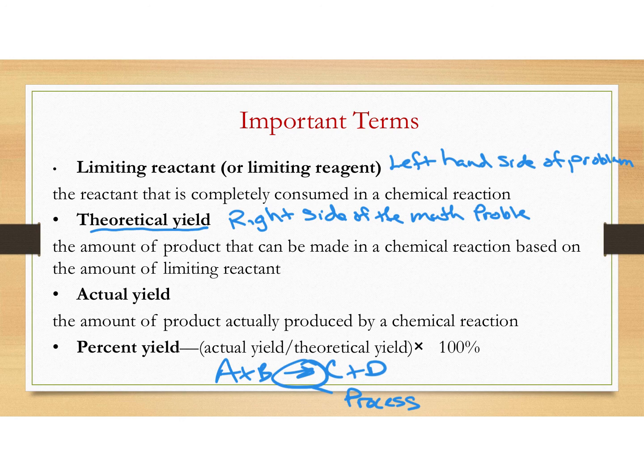Okay, so when we're looking at these chemical reactions, we're going to ask ourselves, what is the percent yield? Okay, and the higher the percent yield, the better or more refined that chemical reaction is, and the lower the percentage yield, the less it has been refined.